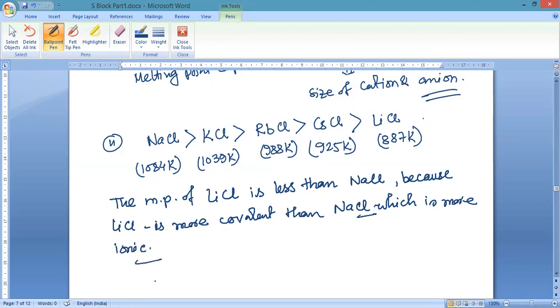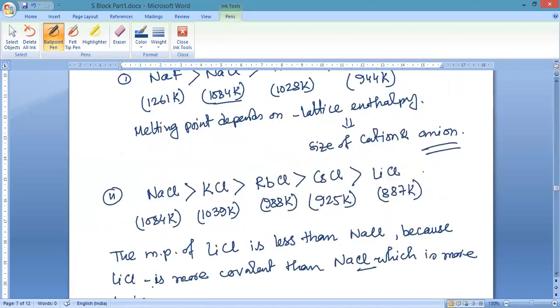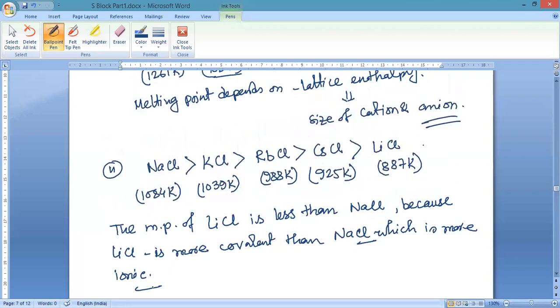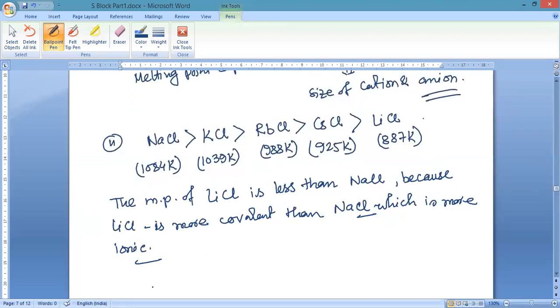And ionic compounds have higher lattice energy, and higher lattice energy means a higher melting point. Okay, so this is the logic.